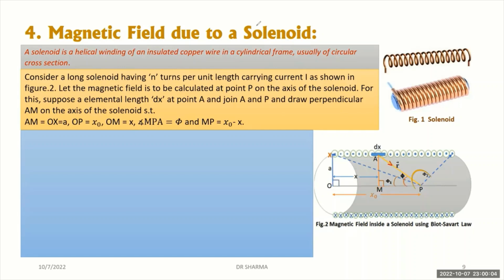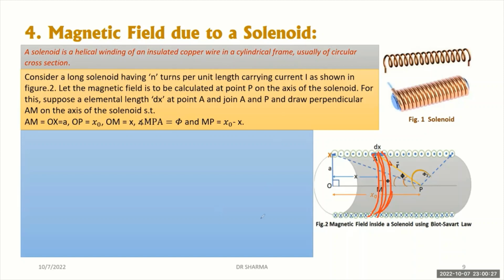Now, remember that the elemental length of the solenoid is just a circular coil having N turns.